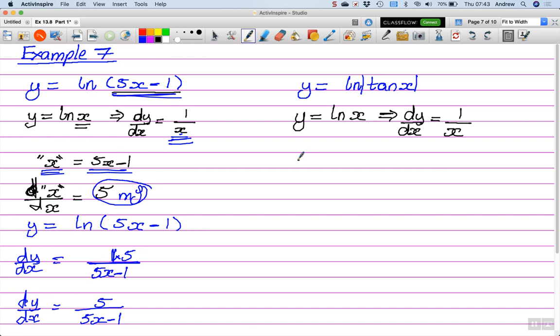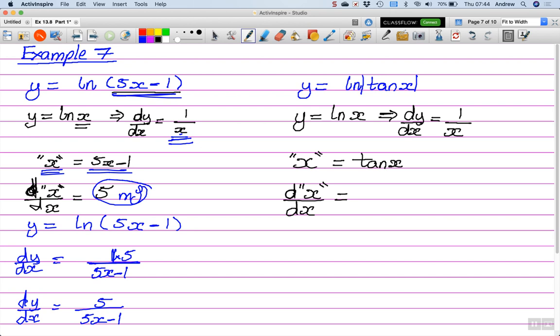We now, what is our value of x? Our value of x is equal to tan x. We're now going to differentiate the x with respect to x, and we now need to go to our formula and tables book in order to look up what the differential of tan x is.